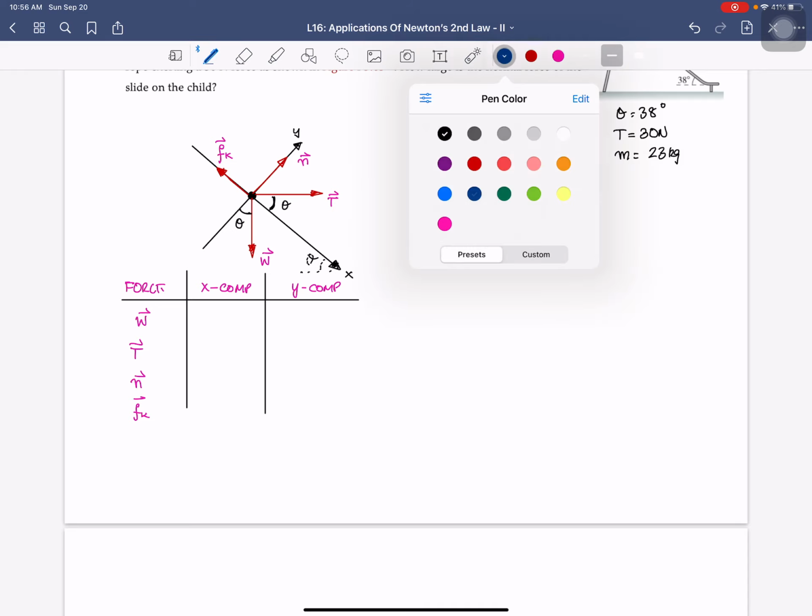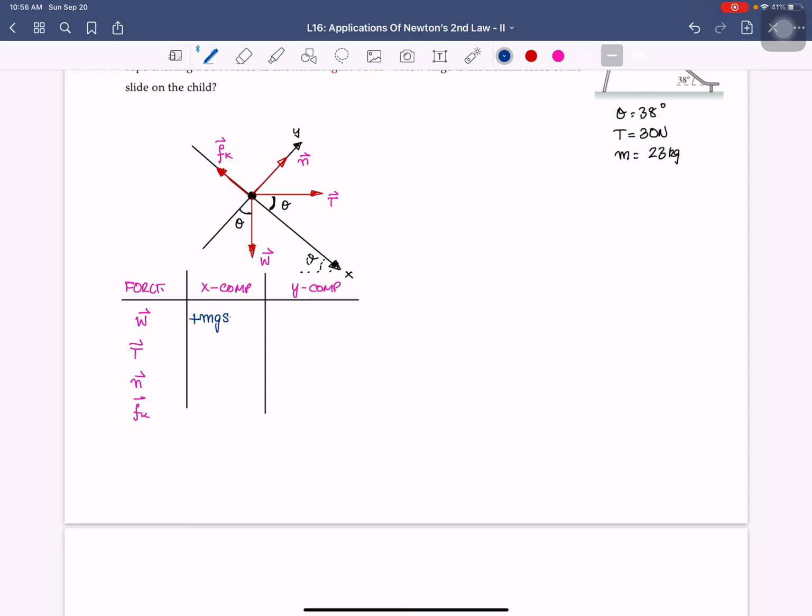For the weight, the x component is, in this case, plus mg sine theta, because if you work this out, that is the x component. Don't forget, make sure you're picking the right sign so that it points along the positive x-axis. So it's plus mg sine theta. Y component is negative mg cosine theta.